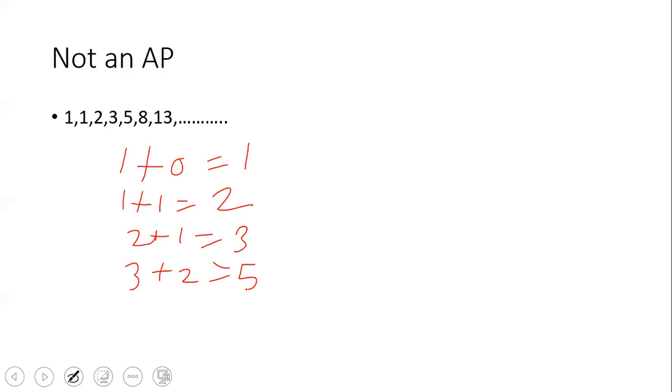This particular series is also known as the Fibonacci series of numbers.